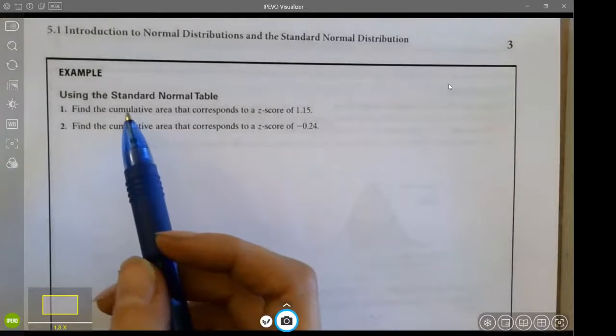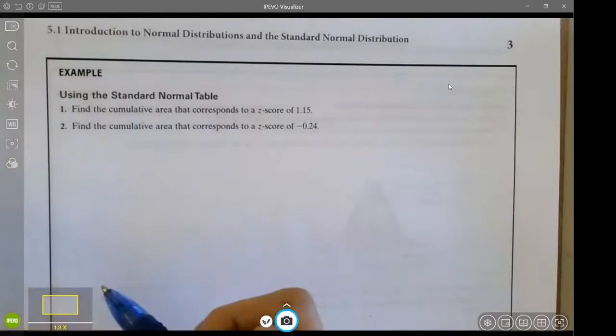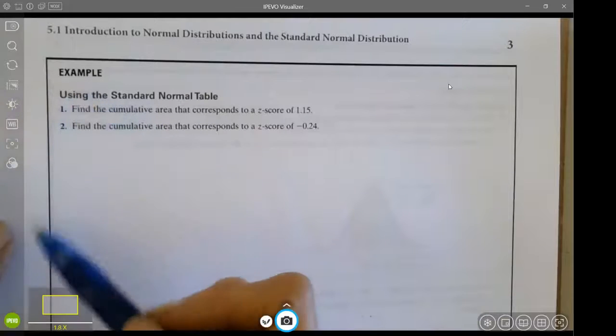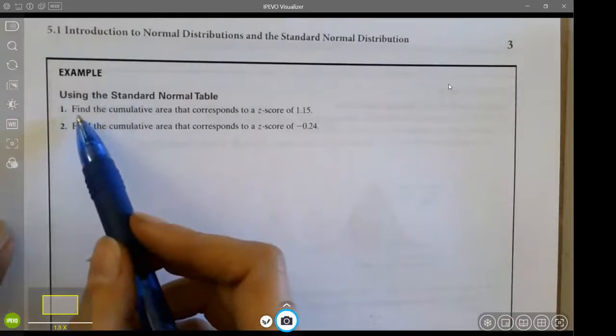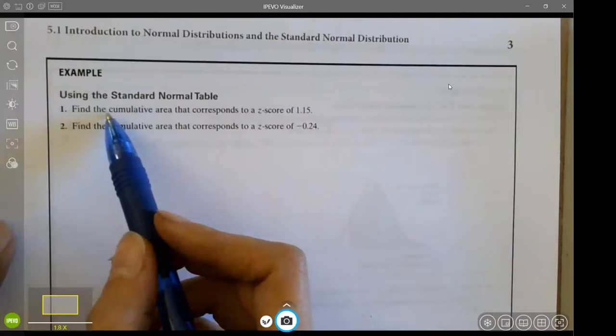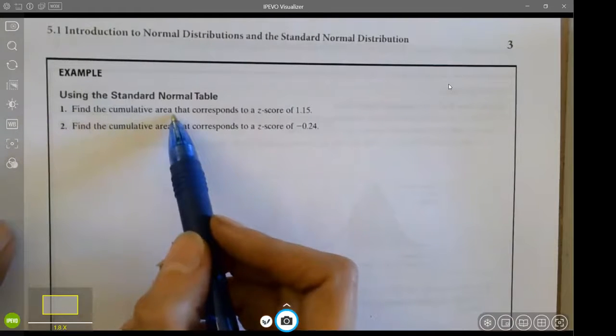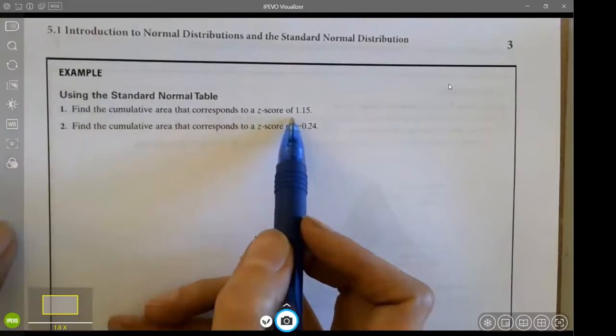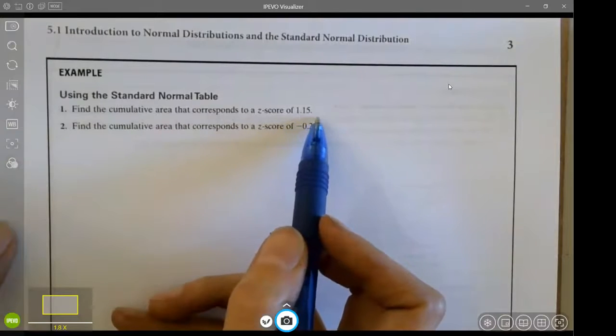So what's the use of Z? Well, take a look at these examples. The question says, find the cumulative area that corresponds to a z-score of 1.15.